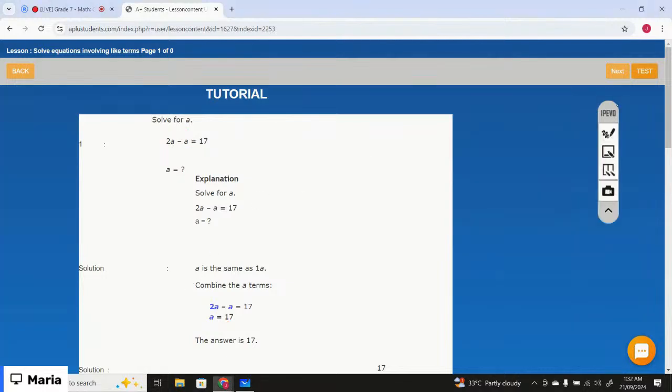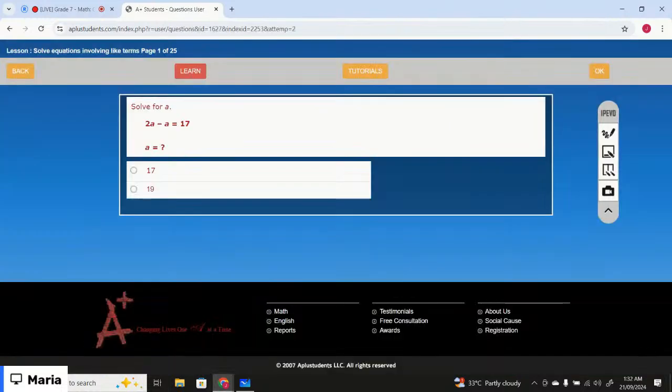Let's just start with the test questions. Solve for A. 2A minus A equals 17.